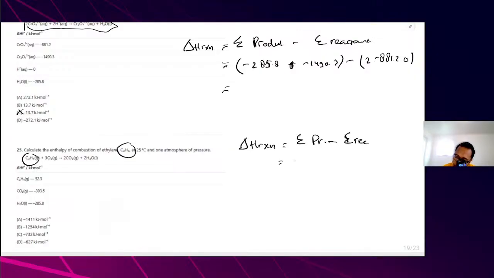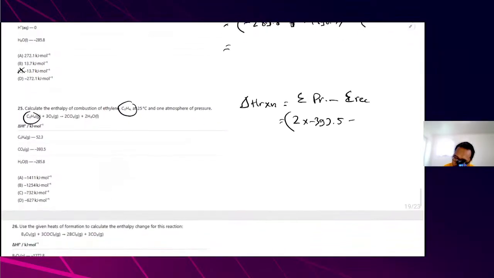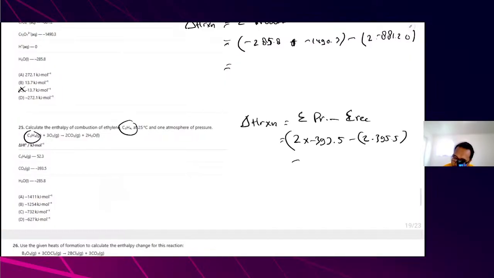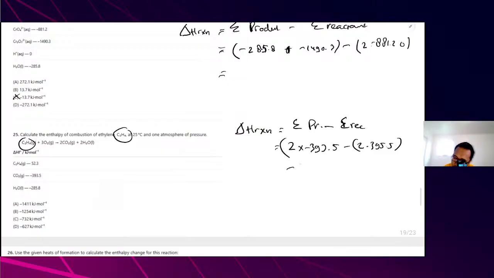So now just put in product 2 CO2, so 2 times this one, and then minus 2 times 390, this one, and then minus again for the reactant C2, and this one is just 1.